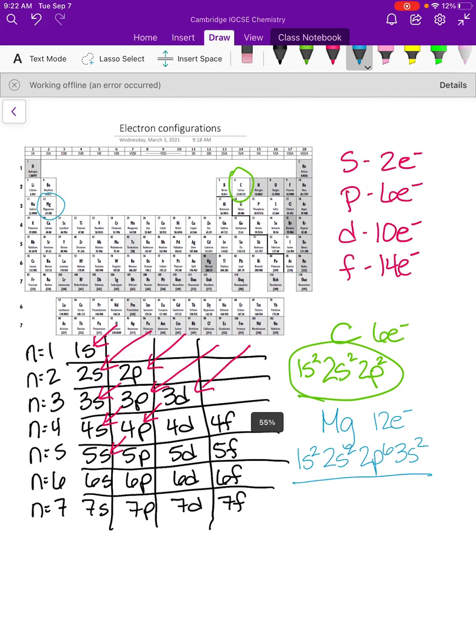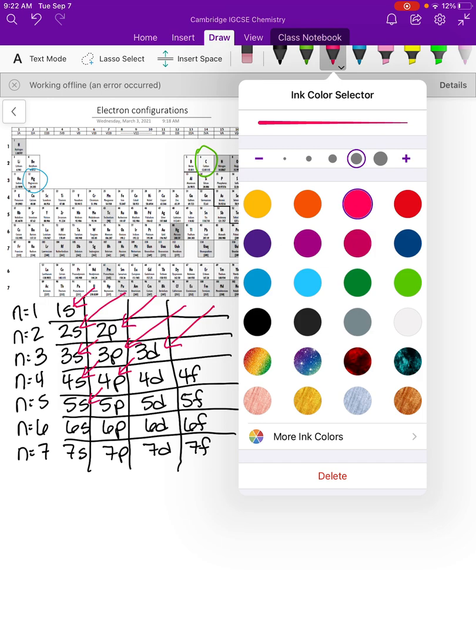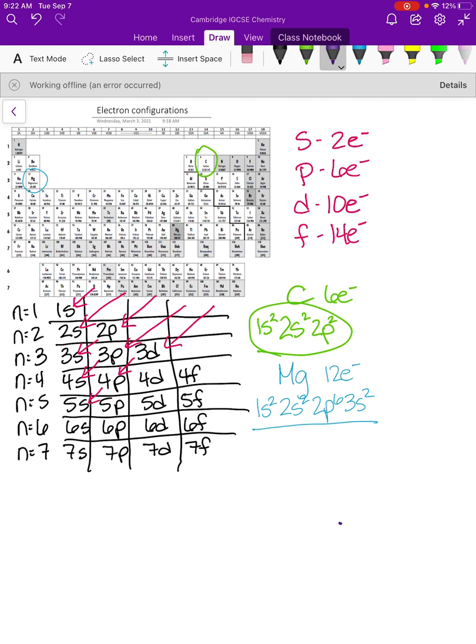All right, so let's do an even larger one. Let's do tungsten, W. That's 74 electrons, so W has 74 electrons.